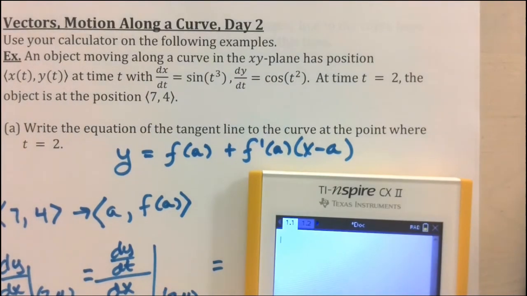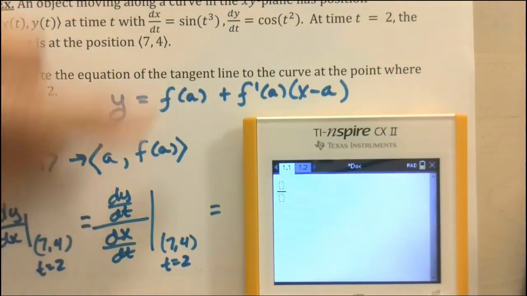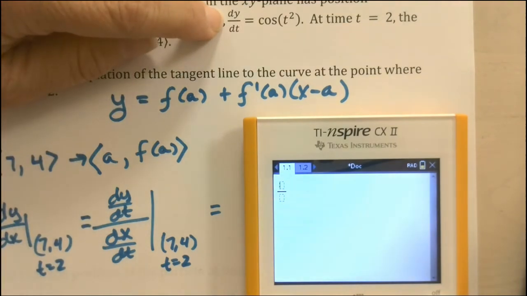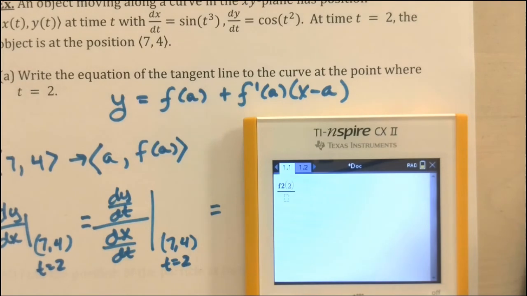So I'm going to do, to get my slope, f2, because I'm starting with dy/dt on top, and dy/dt is what I entered in f2. So f2 of, and my t value is 2, over dx/dt, which is f1, and I'm going to plug in 2 to that as well.